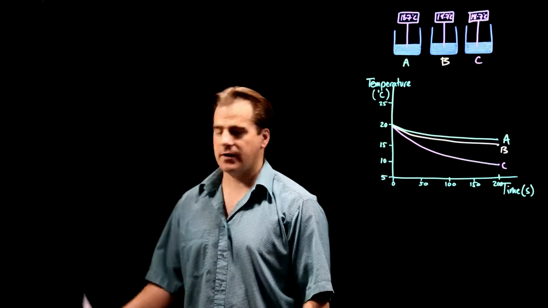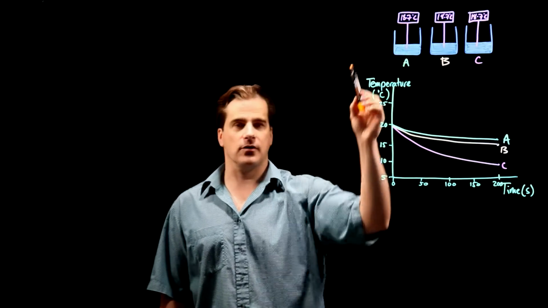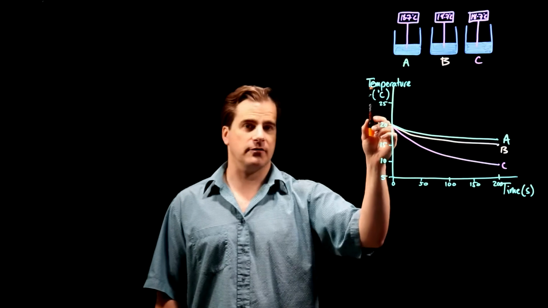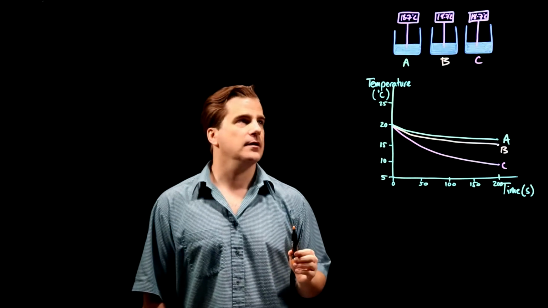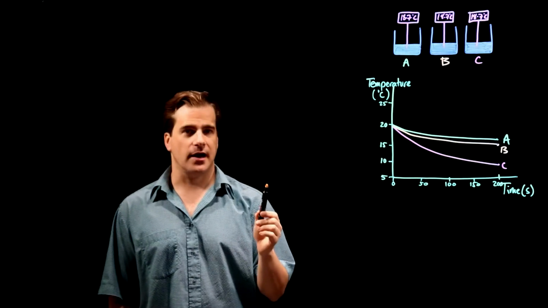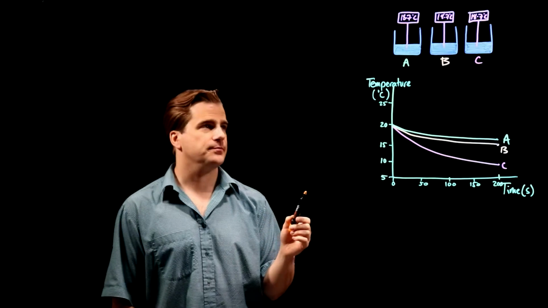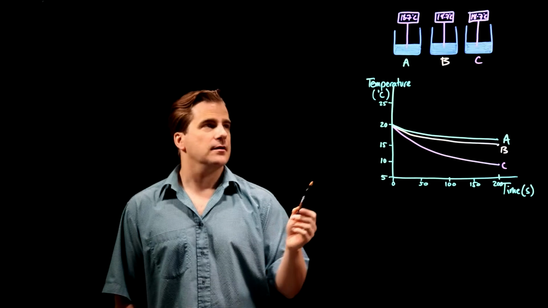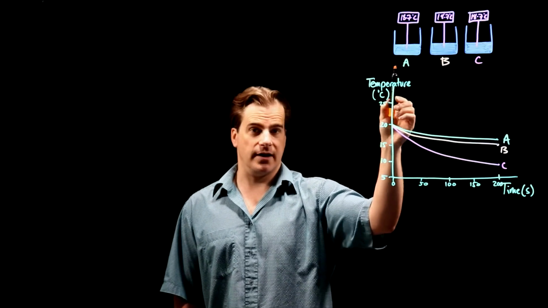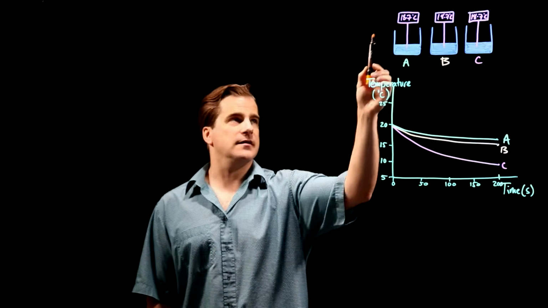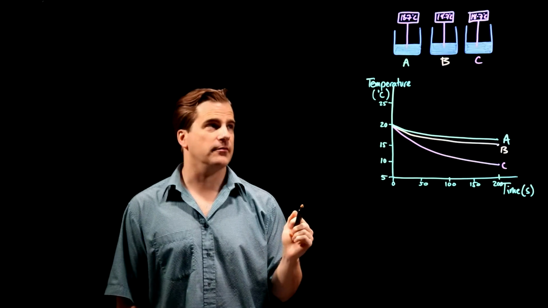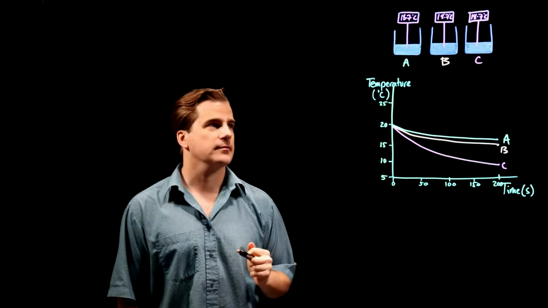Using a data logger eliminates the reading error you get with a thermometer. Don't say human error in this question. They don't accept that as an answer. Use the term reading error. A data logger eliminates reading error compared to a thermometer.